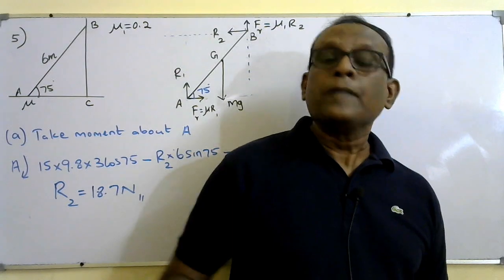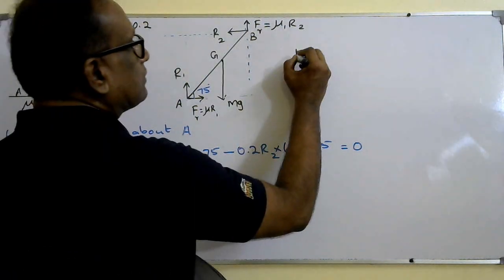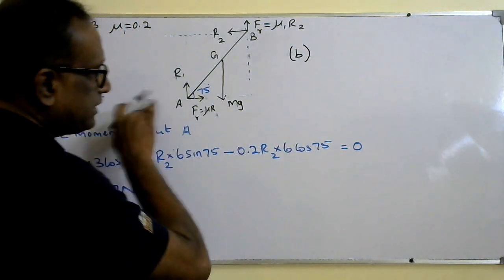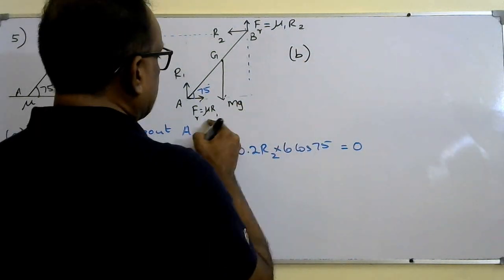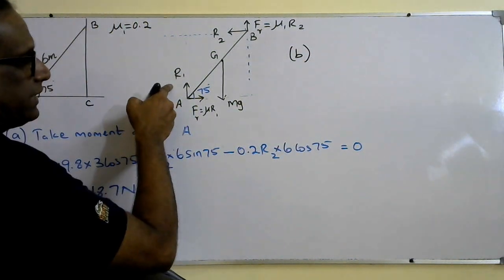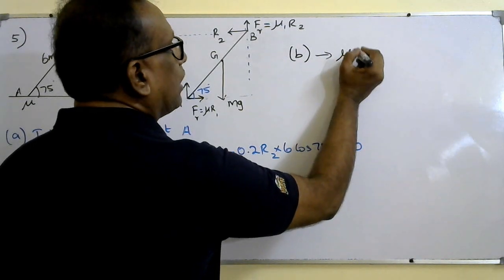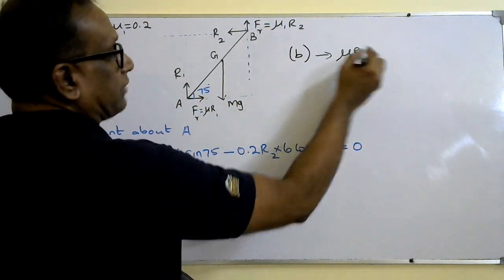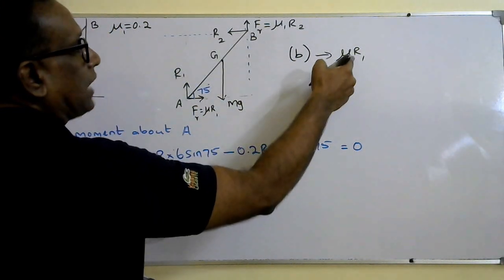So if we resolve horizontally, we should get 0. For the horizontal direction, the friction FR is mu R1. Vertical forces have no horizontal component. So if I say mu R1 minus R2 equals 0, but R1 is unknown.